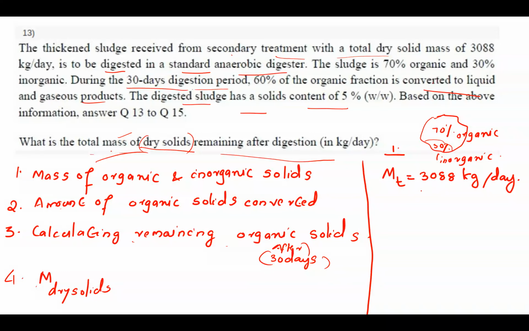So from this statement, can we find the mass of organic and inorganic solid in the system? How do you calculate organic? Yes, 3088 into 0.7. That is the mass of organic. Then what is the mass of inorganic?